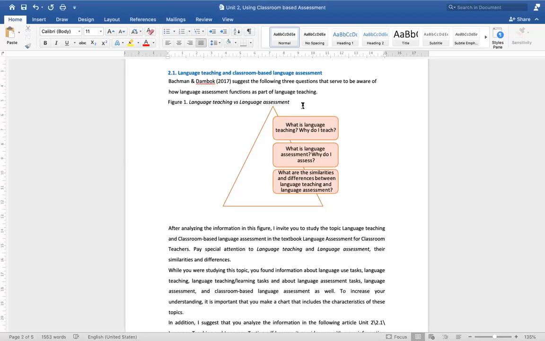For example, if you assess on a particular topic and your students get, for example, 4/10 as an average.